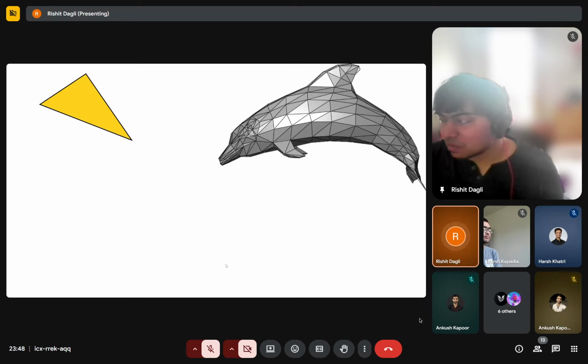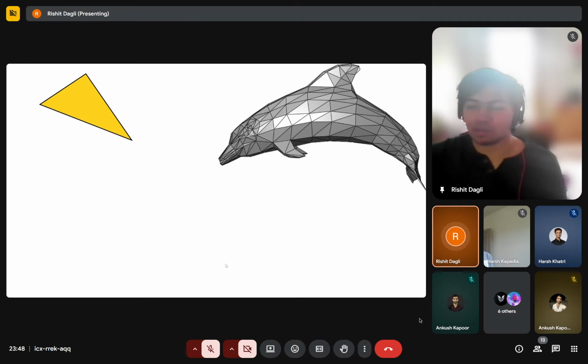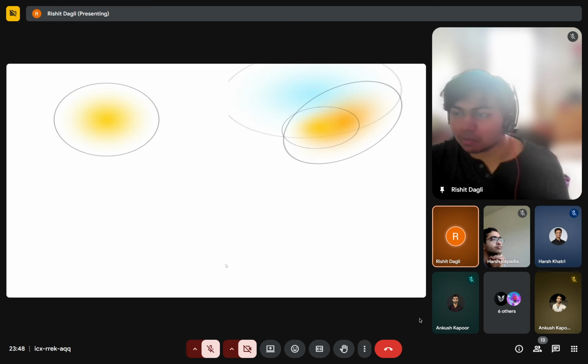Okay, so next up, if you want to put explicit or implicit 3D structure or 3D geometry into it, then you can take triangles and represent stuff with them. But what's more popular these days is taking Gaussians.